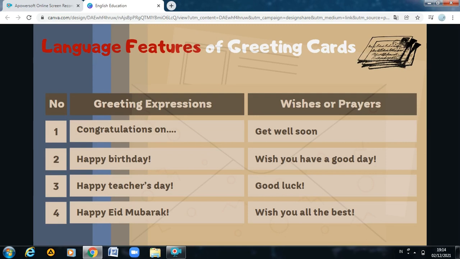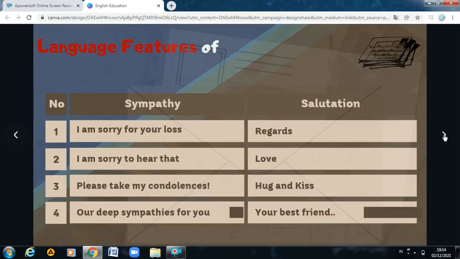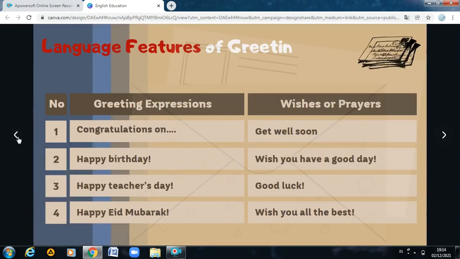Alright, in this slide we mention the language feature of greeting card. I have the exist and also the deficiency for this slide. I think this slide will be mentioned together with the next slide.